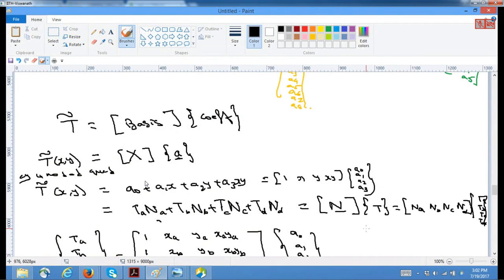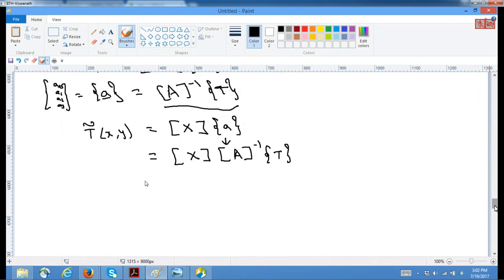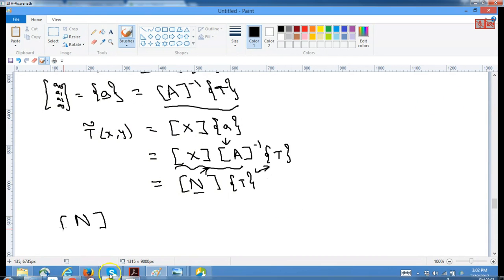So if I look at this statement and this statement, I can write that T is again the same as N times T. You look at these two, they are the same. That means N has to be defined through this. So I can say that for my 2 or 3 dimensional problems, the shape function is defined by the basis times the evaluation of the basis at the nodal points, by its inverse.